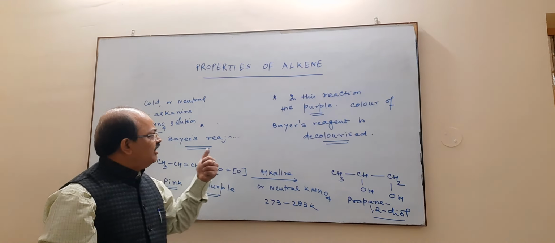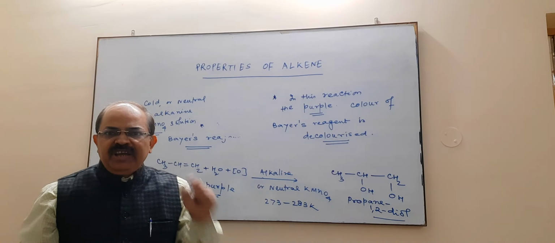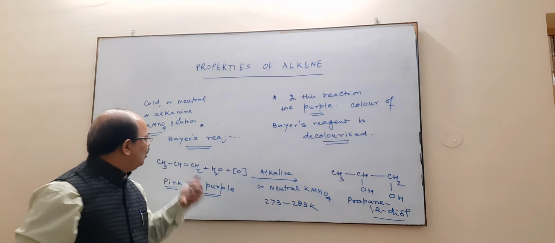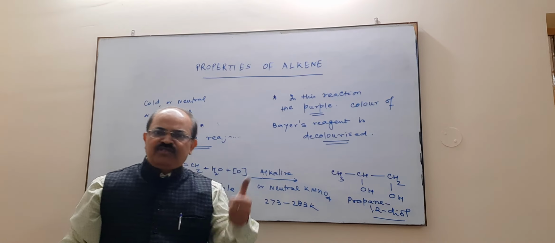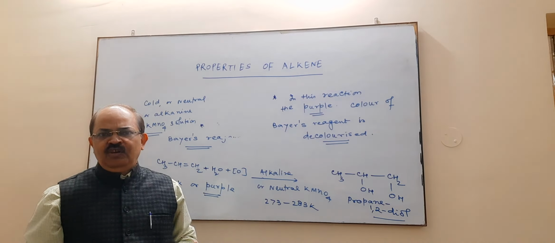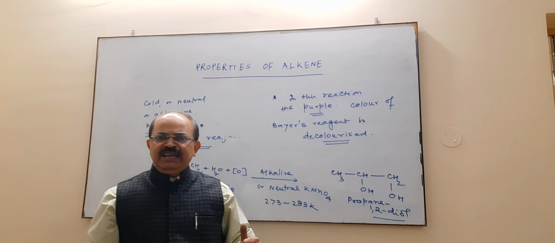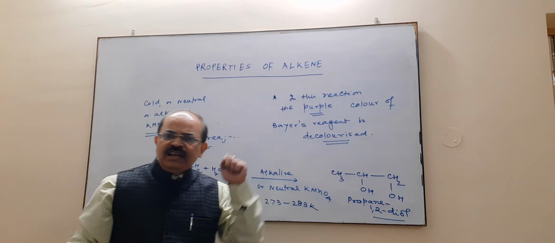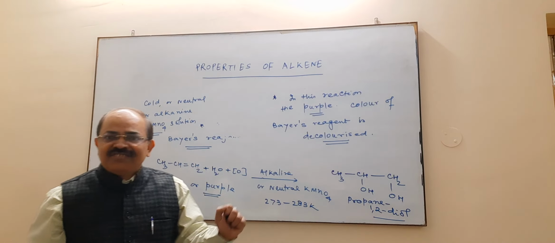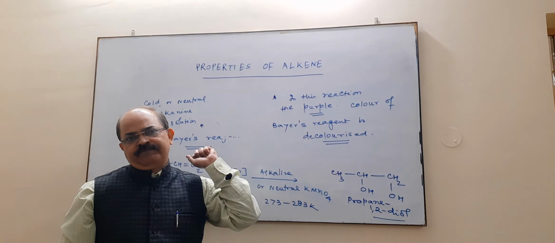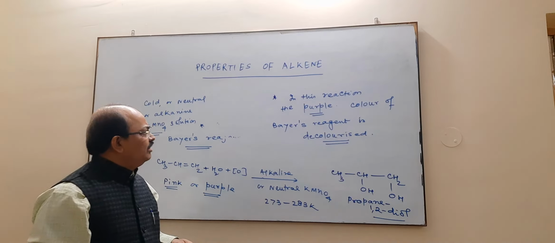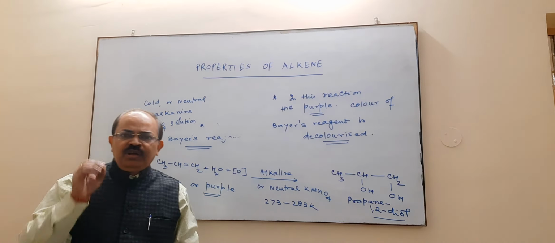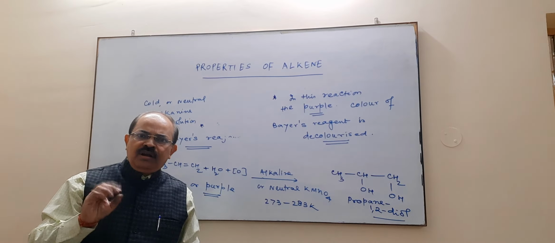That's why it is also known as your Bayer's test of unsaturation. इसलिए इसको हम लोग Bayer's test of unsaturation भी कहते हैं. और ये जो आपका अल्कलाइन KMnO4 है, न्यूट्रल KMnO4 है, कोल्ड डाइल्यूट KMnO4 है, it is known as your Bayer's reagent. So I hope this is the oxidation by KMnO4 in your cold condition.